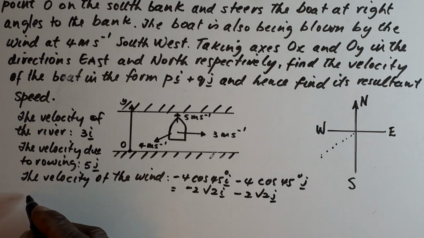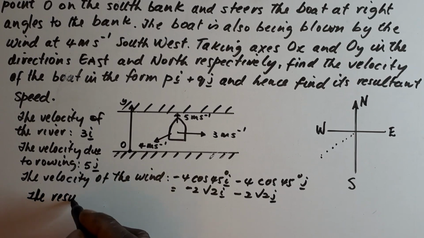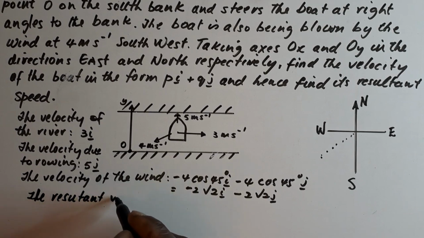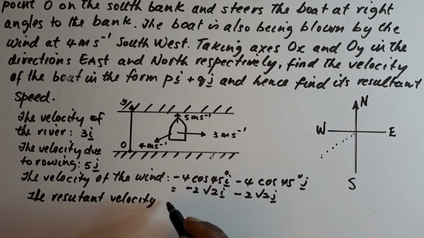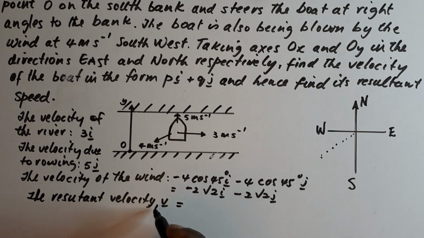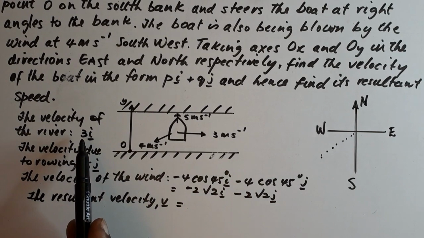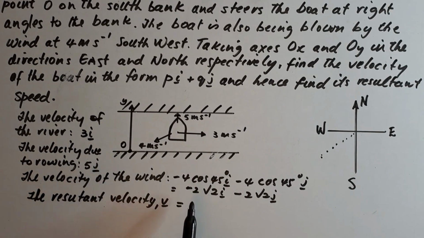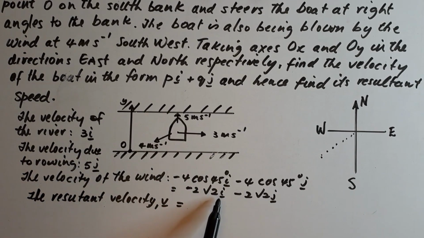So our resultant velocity v is given by v equal to, we're going to add 3i, 5j to the corresponding components here. So 3i will be added to the i component and 5j to the j component.